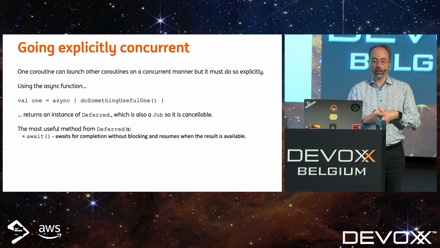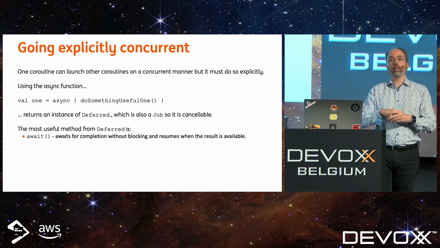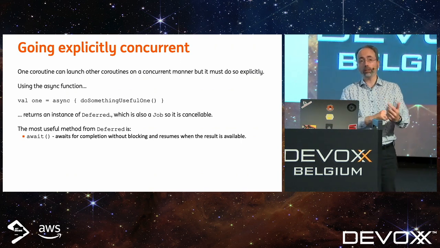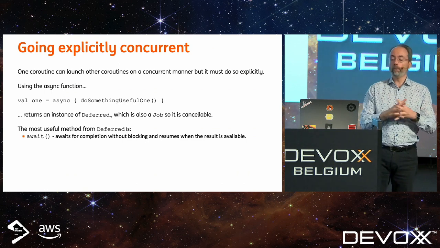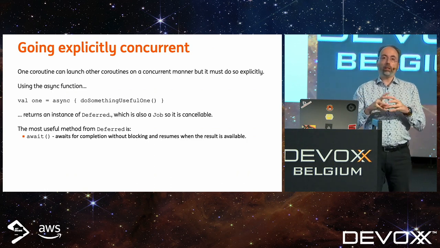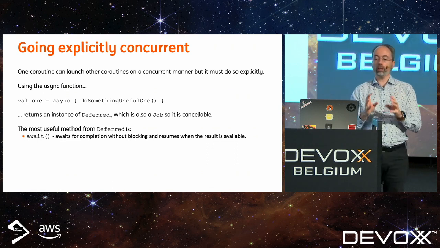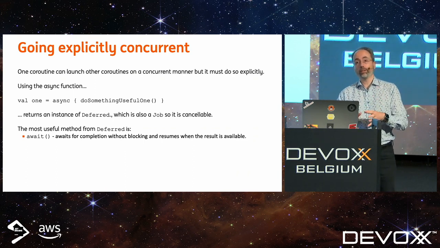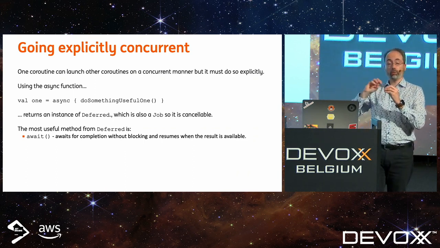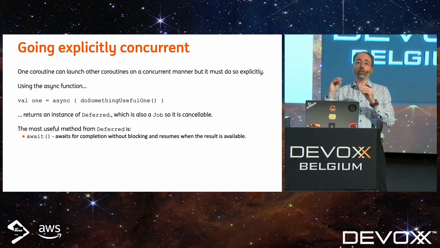If we want to get some result out of a concurrent coroutine, then we can use the async function instead of launch. Now, the big difference is that in this case, we are going to explicitly say that whatever it is that we are starting, that we are launching, is expected to return a result.